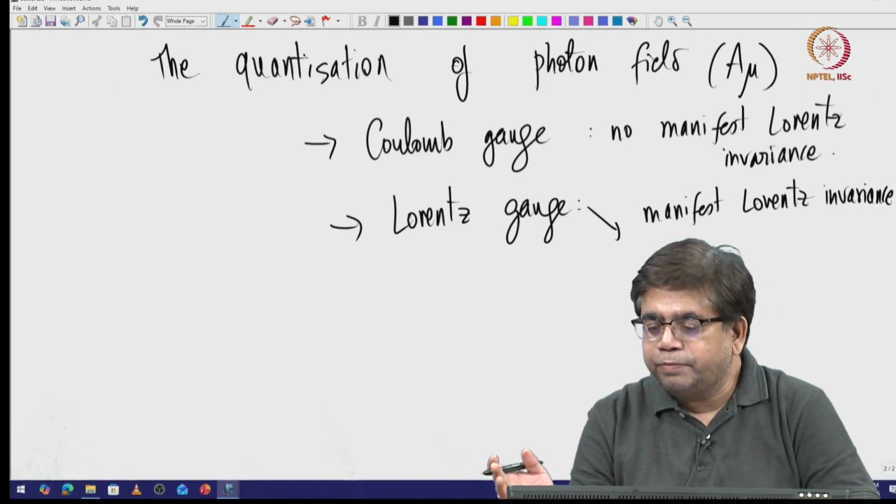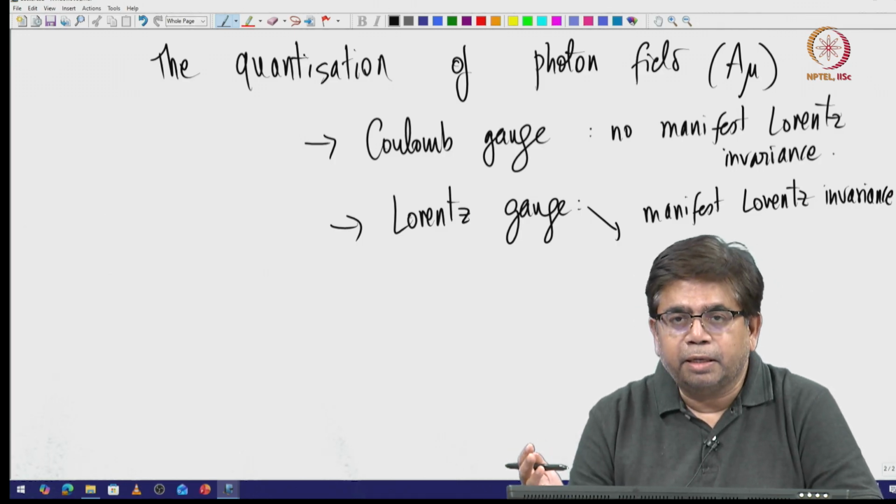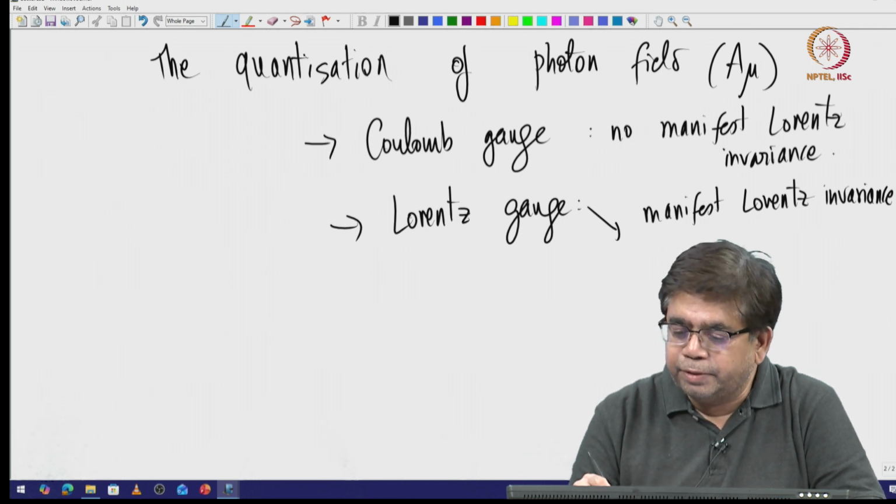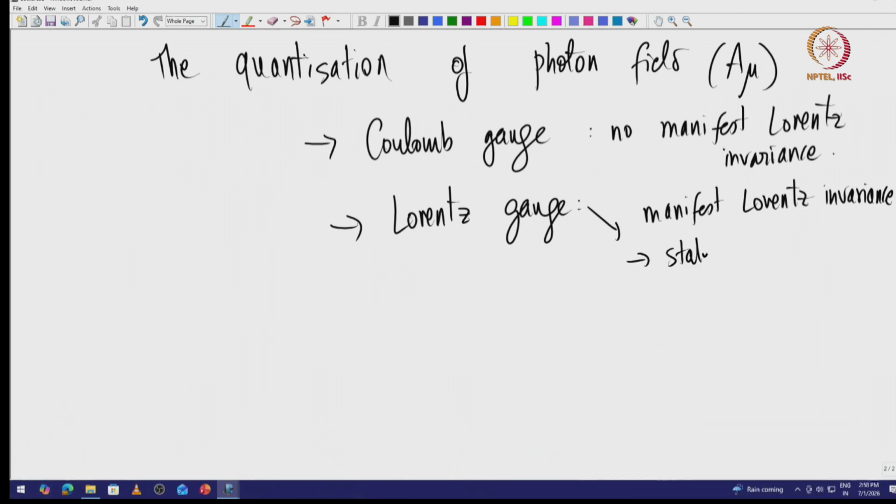So, it has manifest Lorentz invariance, but it has other theoretical issues like states with negative norms, which are clearly unphysical essentially.